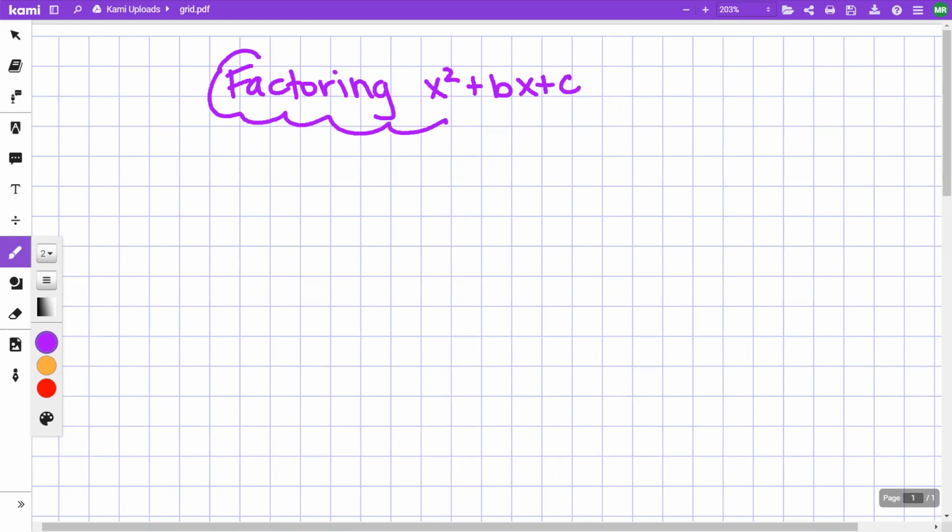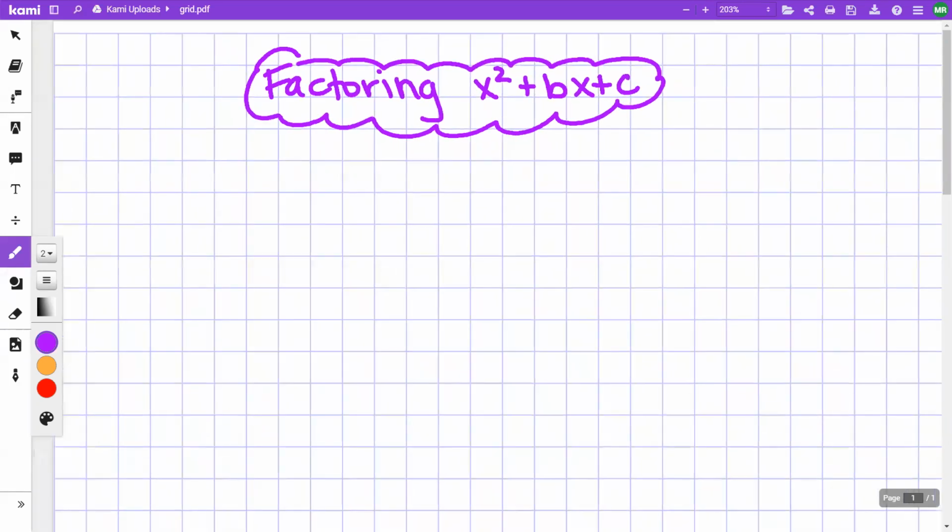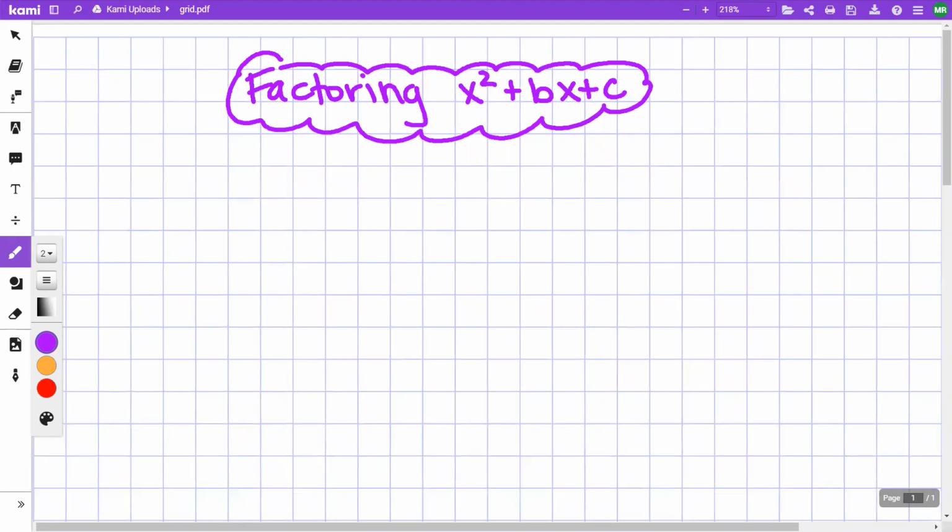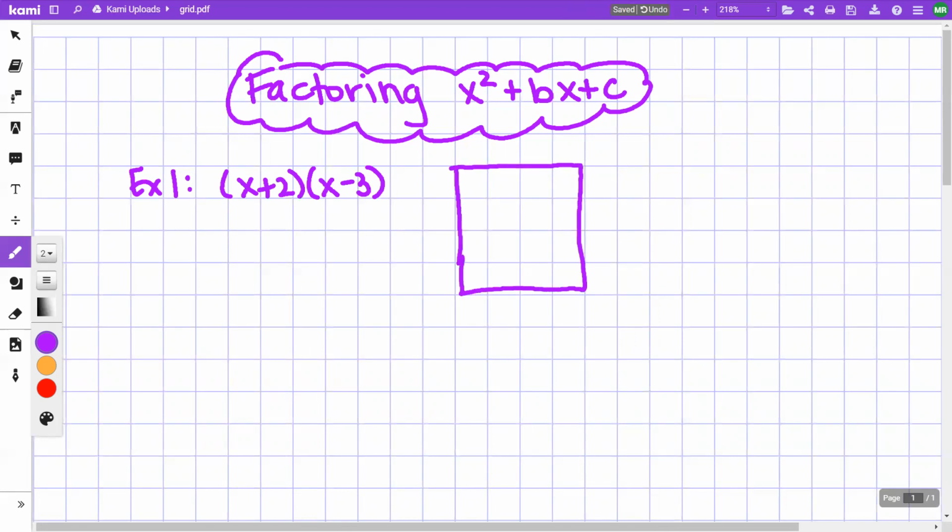When you were in Integrated 1, we learned how to multiply out binomials. For example, we learned how to multiply something like x plus 2 times x minus 3 by doing a box, putting the x plus 2 here and the x minus 3 here.